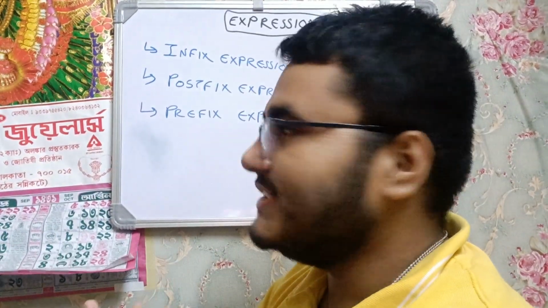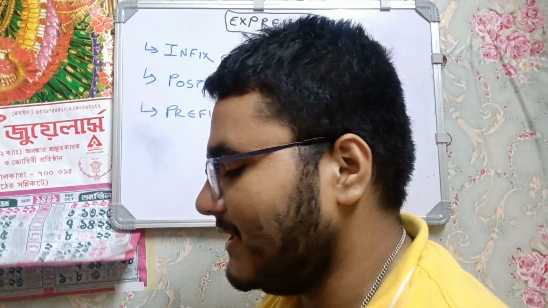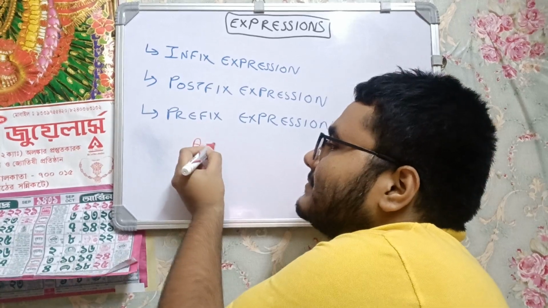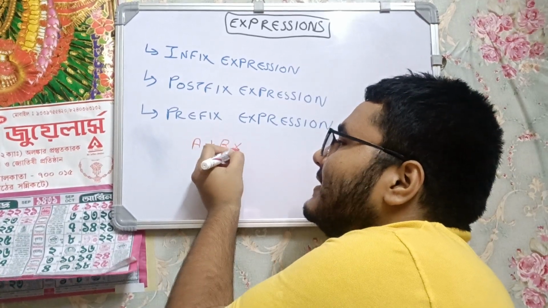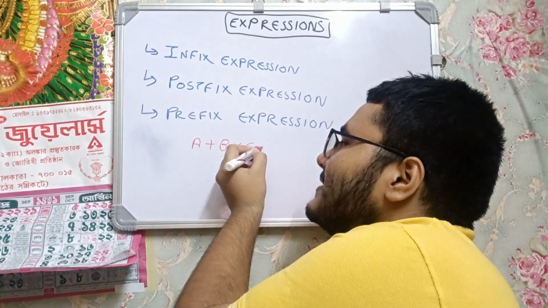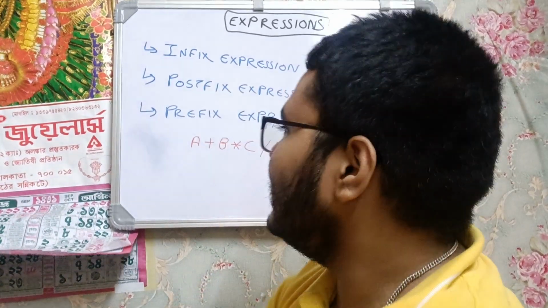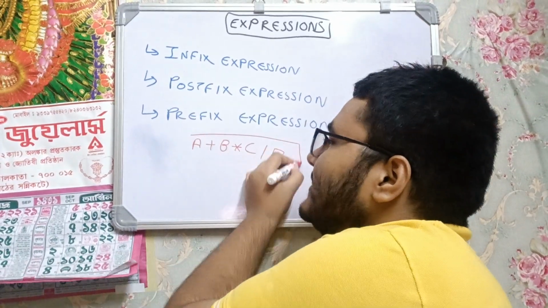because infix expression we use every time, that is the human readable expression, any algebraic expression. Say for example, I am writing an expression, say a plus b into c by d. So this is an example of an infix expression.